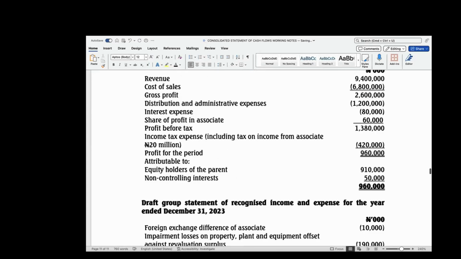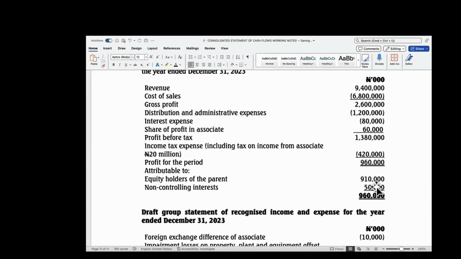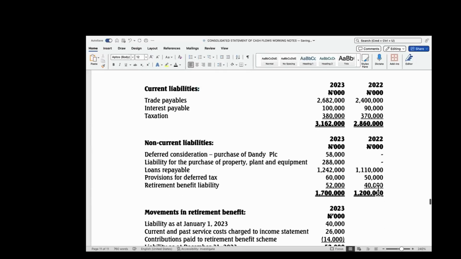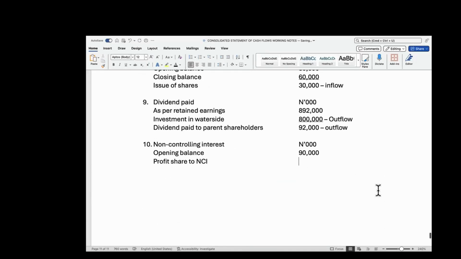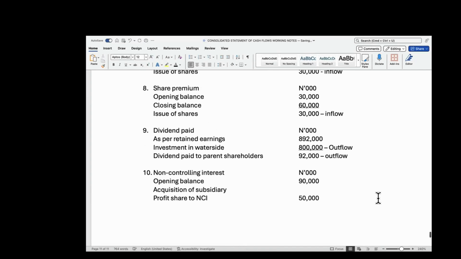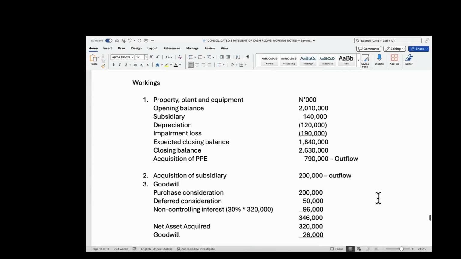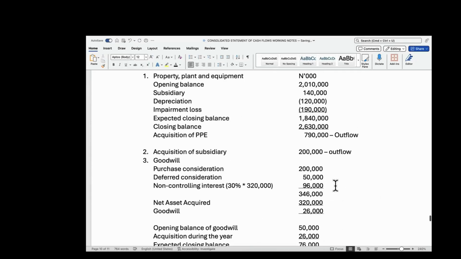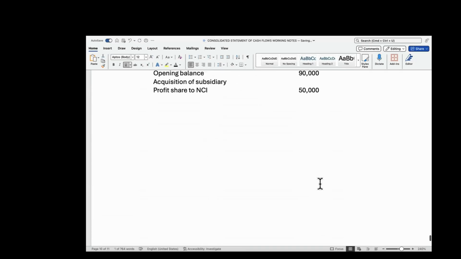Where is it? Yeah, 50. And don't let us forget the acquisition of subsidiary that we computed when we were computing goodwill. Where is it? Yeah, NCI for the year. 96,000.